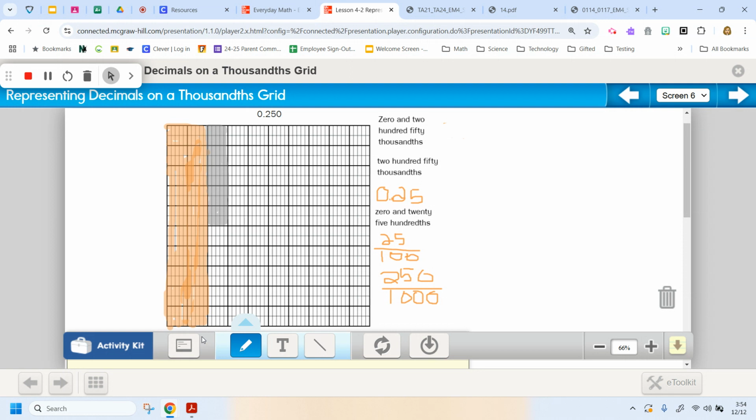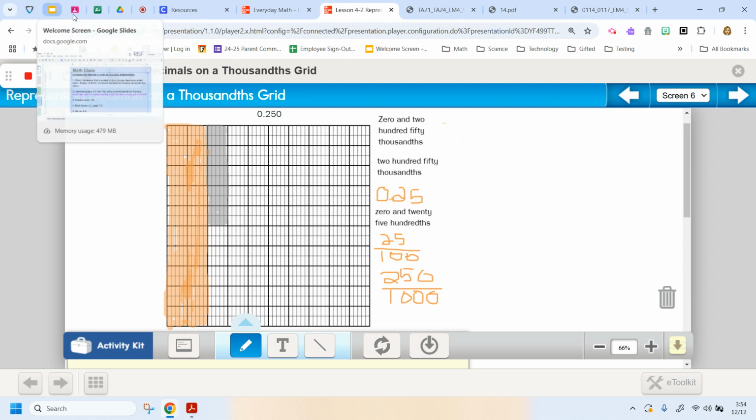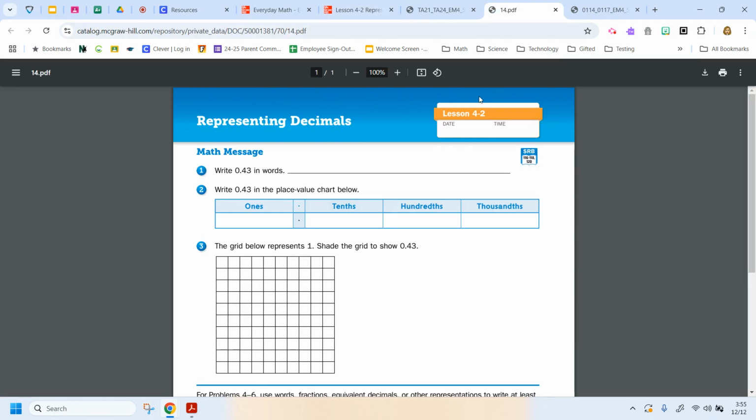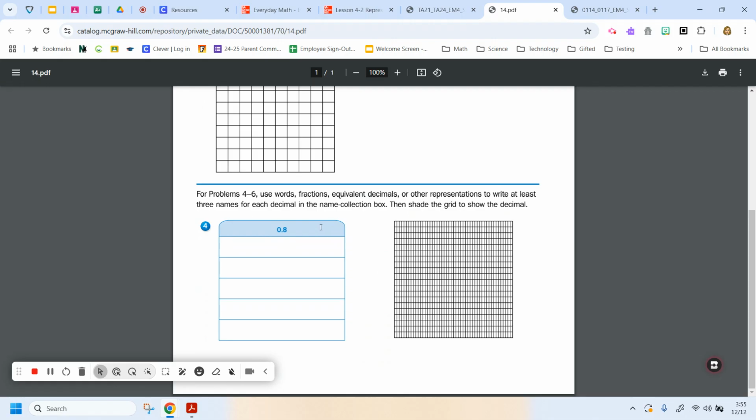So, what I would like you to finish now is page 114 in your math journal. It says, for problems 4 through 6, use words, fractions, equivalent decimals, or other representations to write at least 3 names for each decimal in the name collection box. So they're talking about this. Then shade your grid to show the decimal.